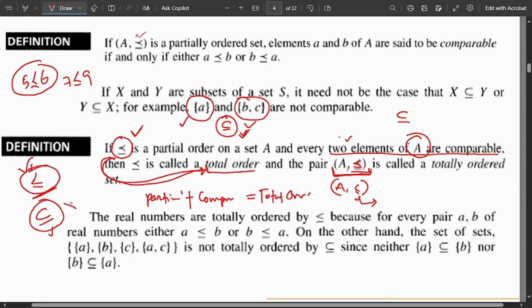This cannot satisfy the comparability condition, but the other satisfies it. So the set of real numbers with less than or equal to is a total order set, but the power set with subset or equal to is not a total order set.